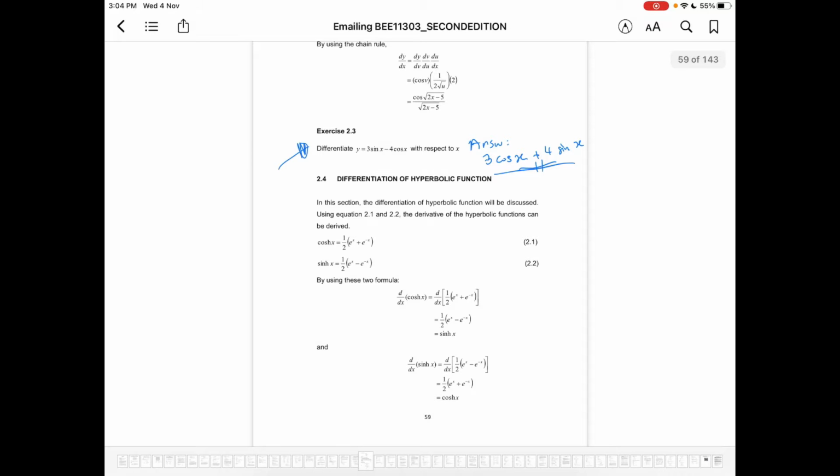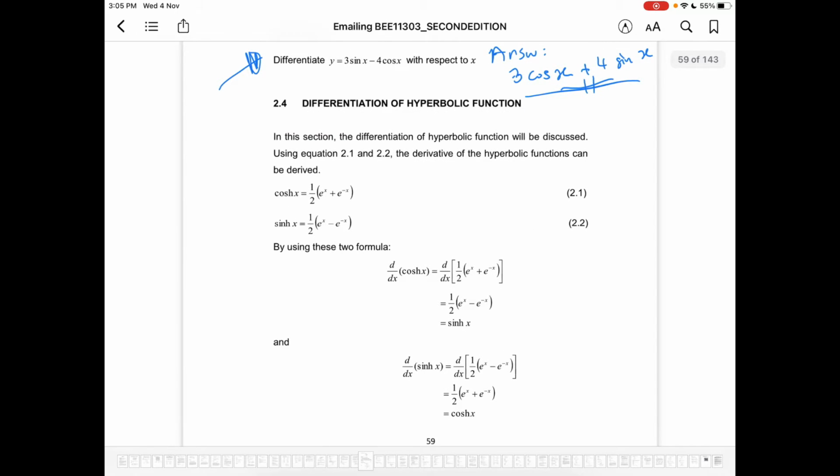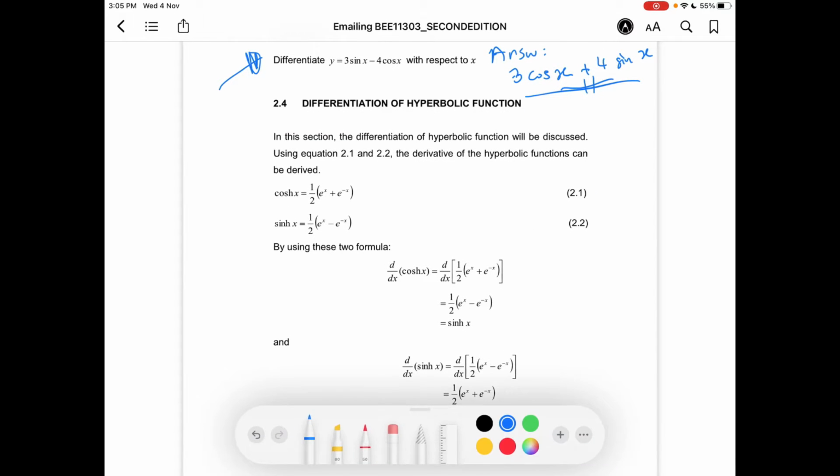Okay, now we go to the next subtopic, which is differentiation of hyperbolic functions. As you can see here, there is equation 2.1 and 2.2. Here it is defined that hyperbolic cos x is equal to half times e^x plus e^(-x).